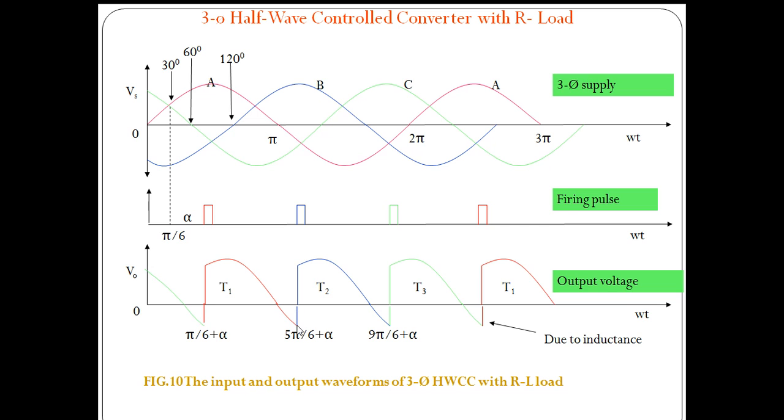Again, these negative spikes will occur in the output voltage. That is the only change. The current will not rise suddenly; it increases slowly, reaches the maximum value and slowly reaches zero. And like this, the output voltages are there. The only change is negative spikes are observed, as in single phase converters with the RL load.